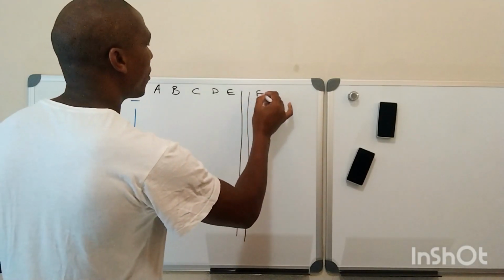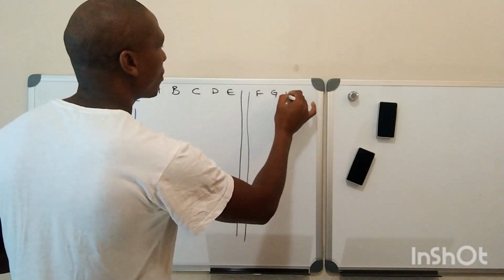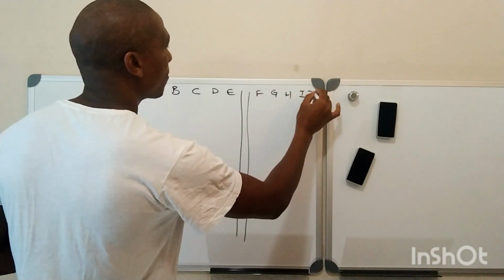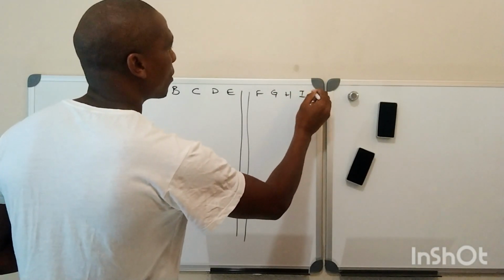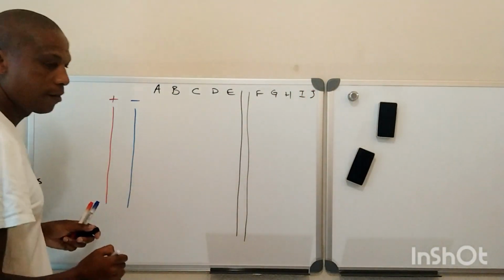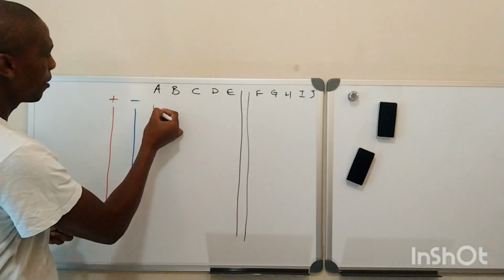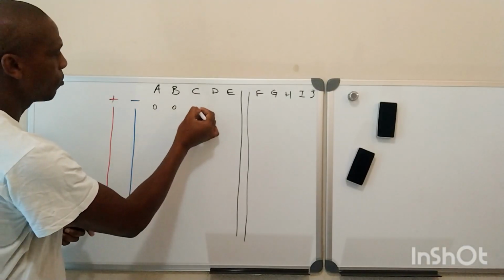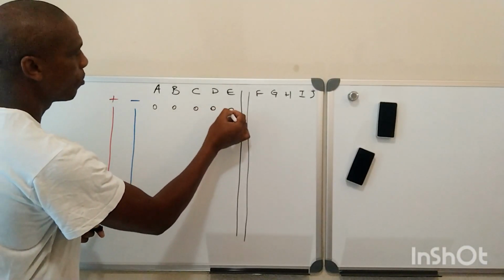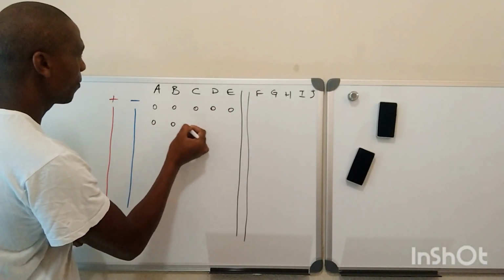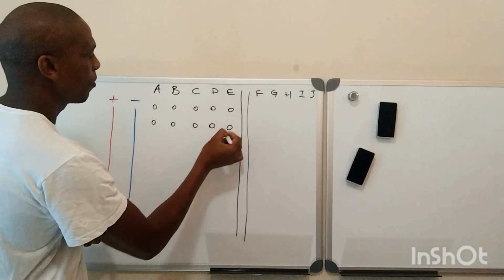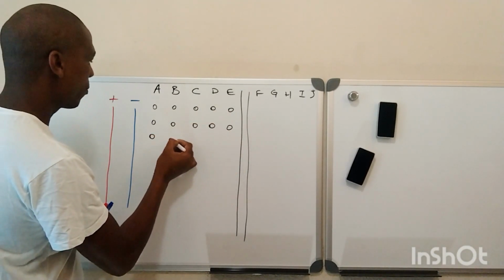Then there's F, G, H, I, J. And then underneath A, there's a hole there. Are you looking at your breadboard?